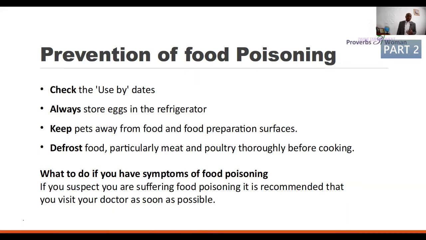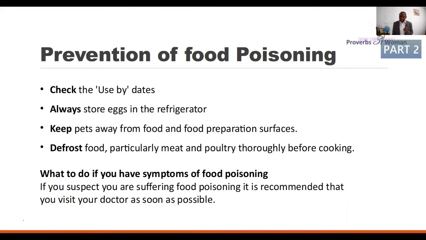Okay, so what to do if you have symptoms of food poisoning? Are you just going to sit down and begin to moan and cry? If you suspect you are suffering from food poisoning, I recommend that you visit your doctor as soon as possible. That's very important.